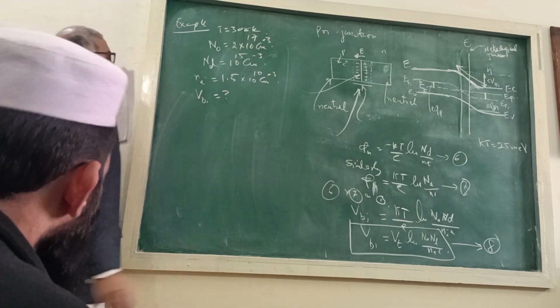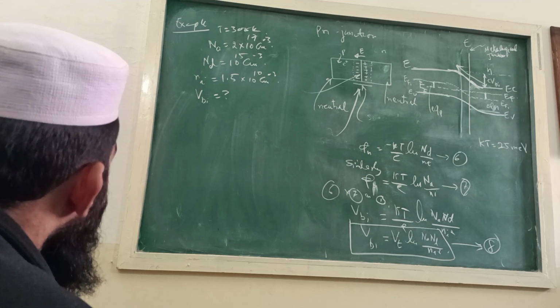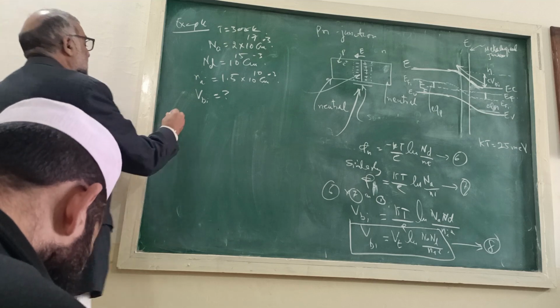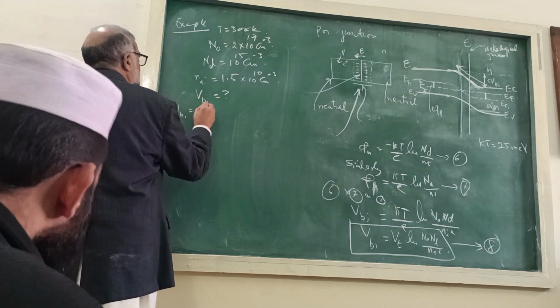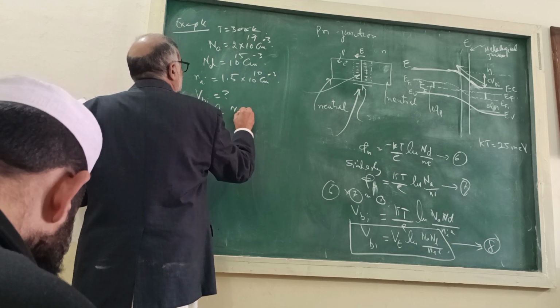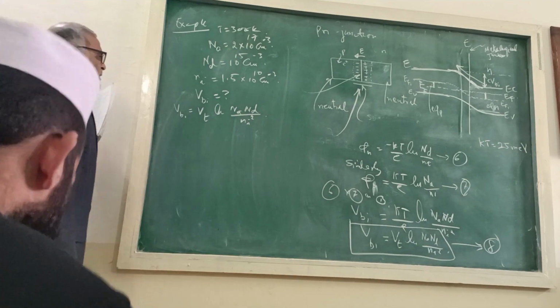What is the built-in potential in this situation, in a PN junction of this type? We know VBI is equal to the thermal voltage times log of Na Nd divided by ni square.